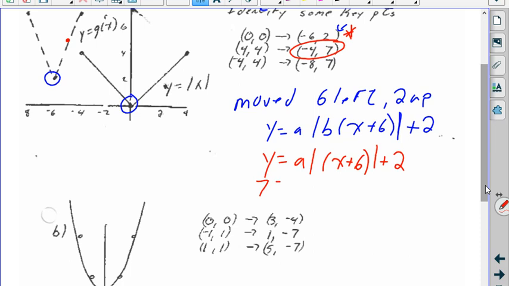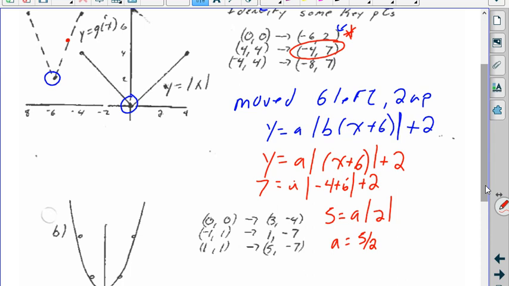I'm going to plug it in: y is equal to 7, and plug your negative 4 in for your x. We have 5 is equal to a times the absolute value of 2. The absolute value of 2 is just 2, so a is equal to 5 over 2.